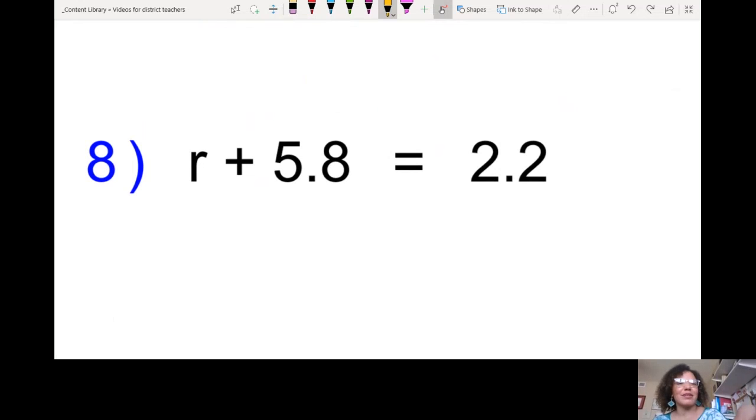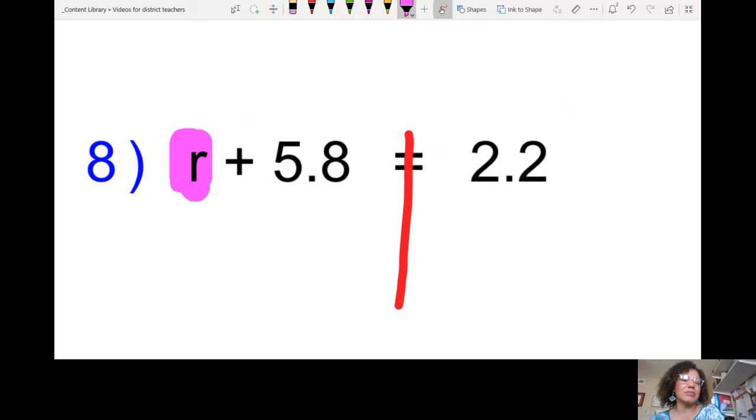Step 1, brick wall. Step 2, find the variable. You always highlight the symbol on the left, not on the right. All right, now what's messing with that R? What's messing with that R is that plus 5.8. To get rid of it, you have to do the opposite.